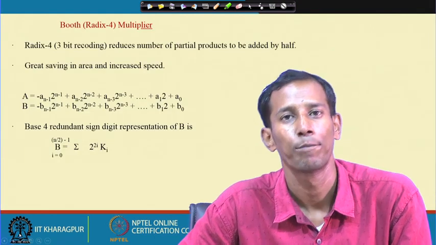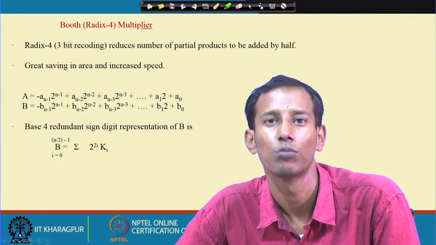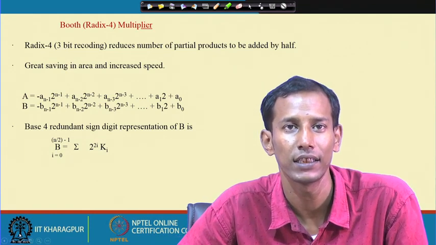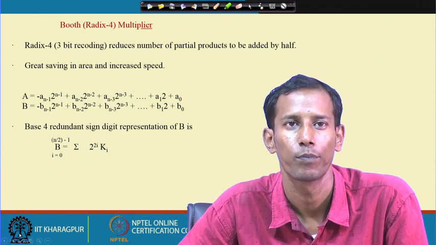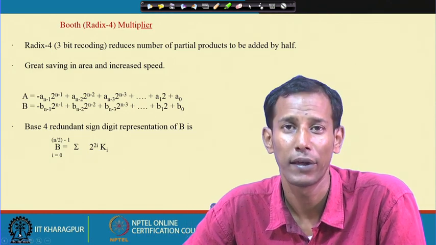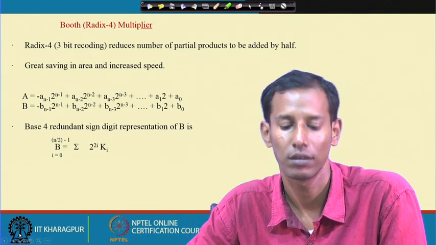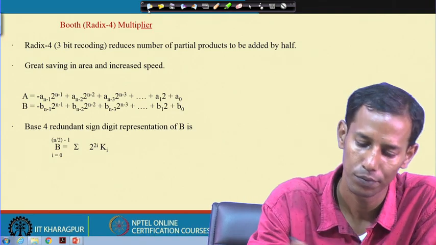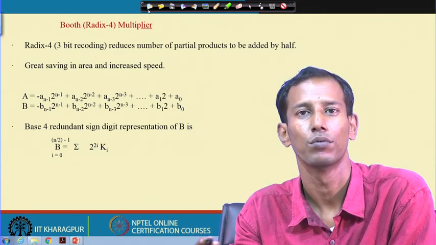So, then there is another method of doing the multiplication operation, that is Booth's multiplier. Okay. So, in a multiplier what we do?